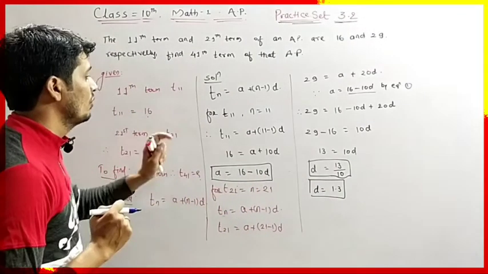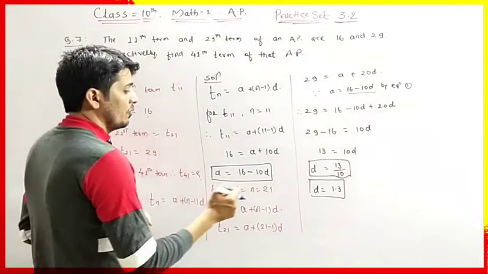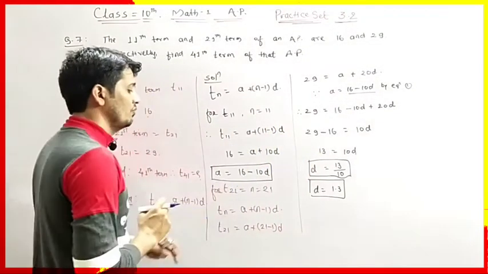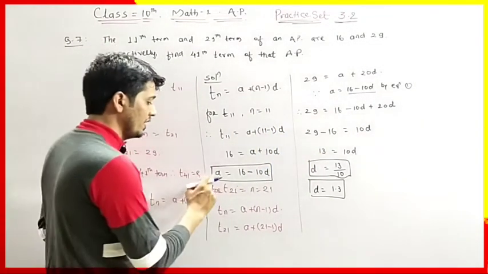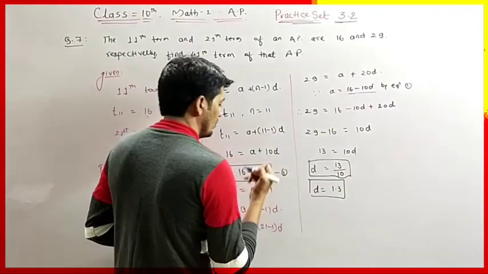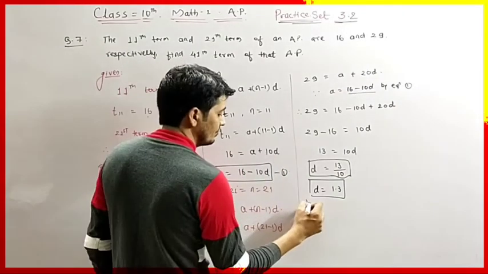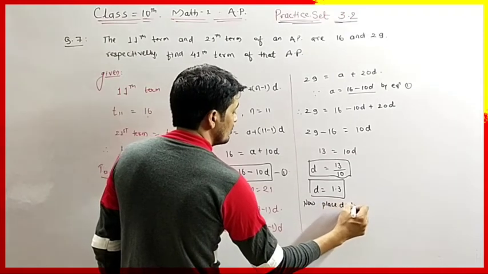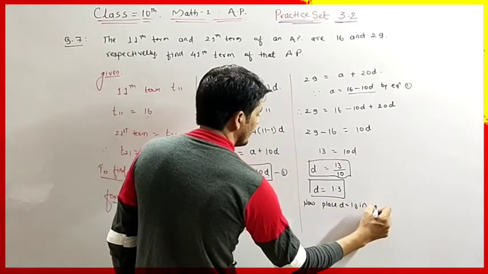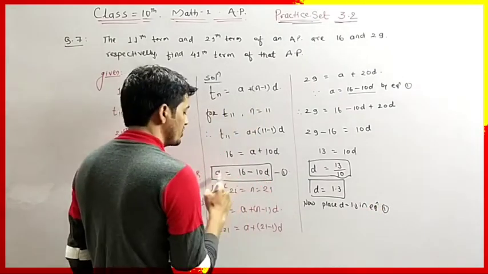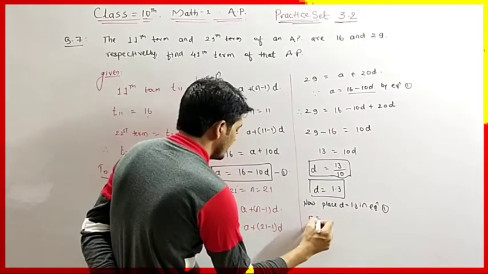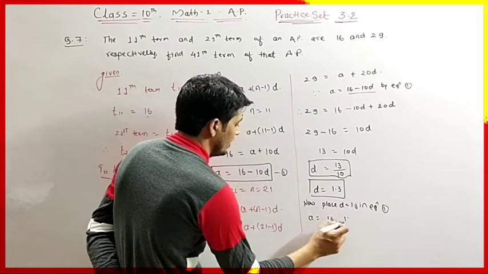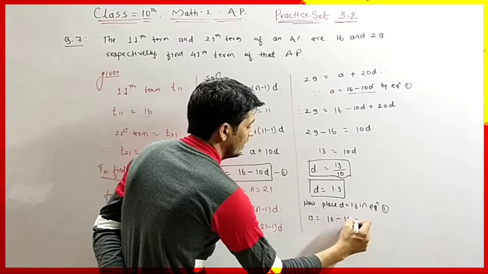Now we have to identify a. We will put d equals 1.3 in any equation and we will get the value of a. Let it be equation number 1. Now place d equals 1.3 in equation 1. What is equation 1? It is a equals 16 minus 10d.